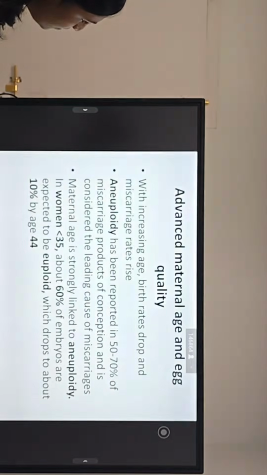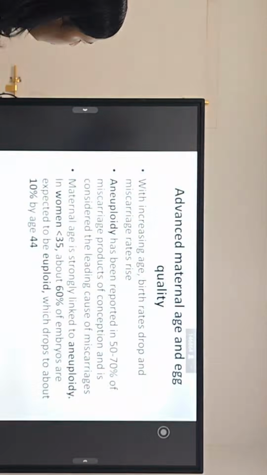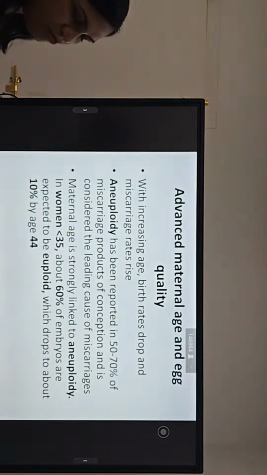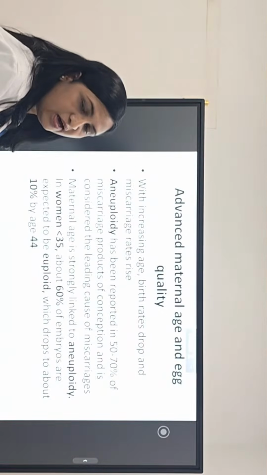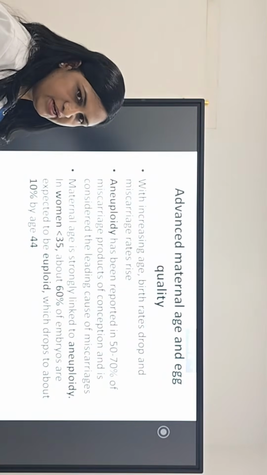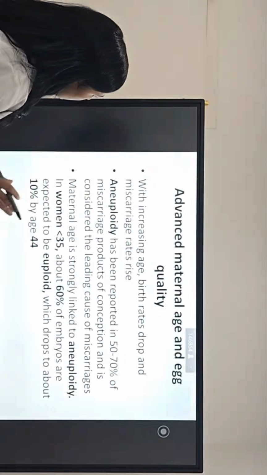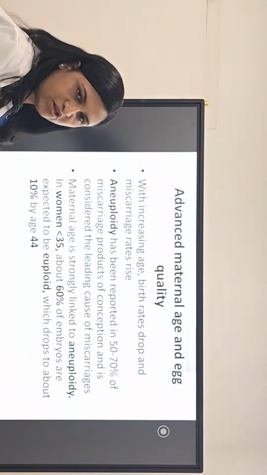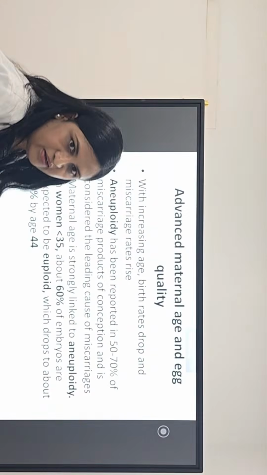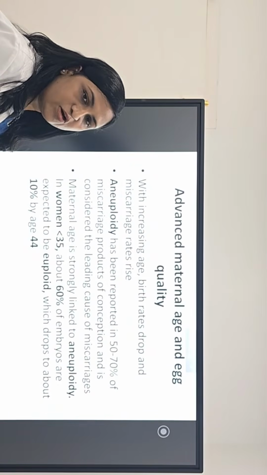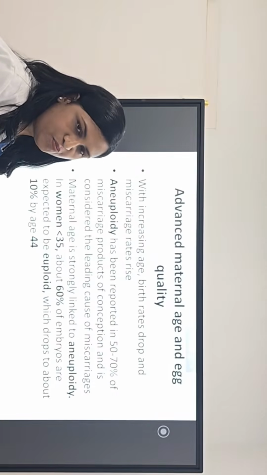So what is the relation between advanced maternal age and egg quality? As we all know, with increasing age, the pool of eggs will decrease and the miscarriage rate will also increase. Why is the miscarriage rate increasing? Because the chromosomes will acquire aneuploidy.